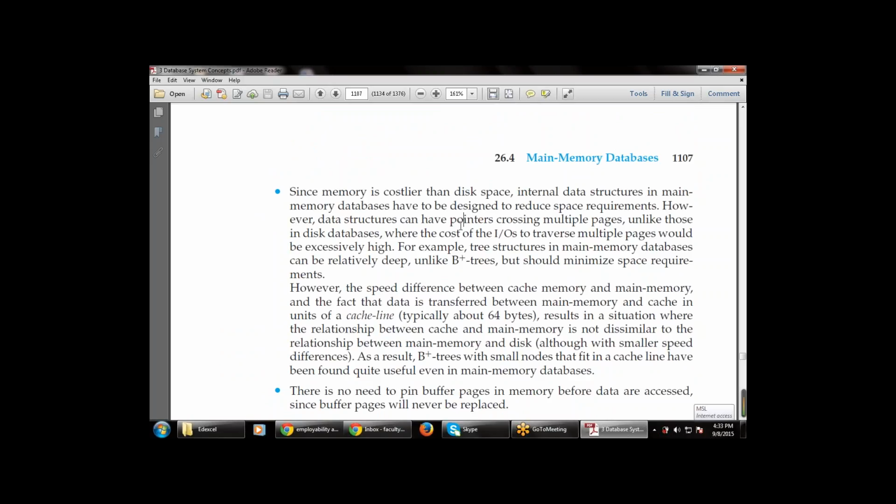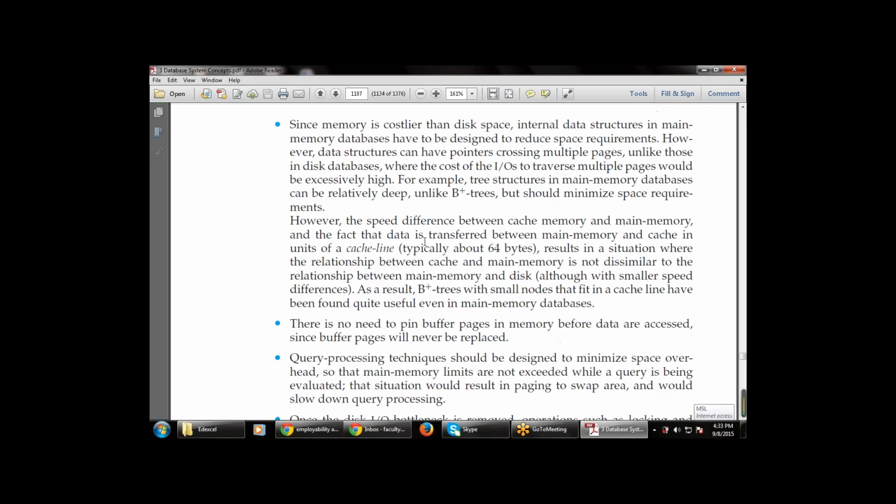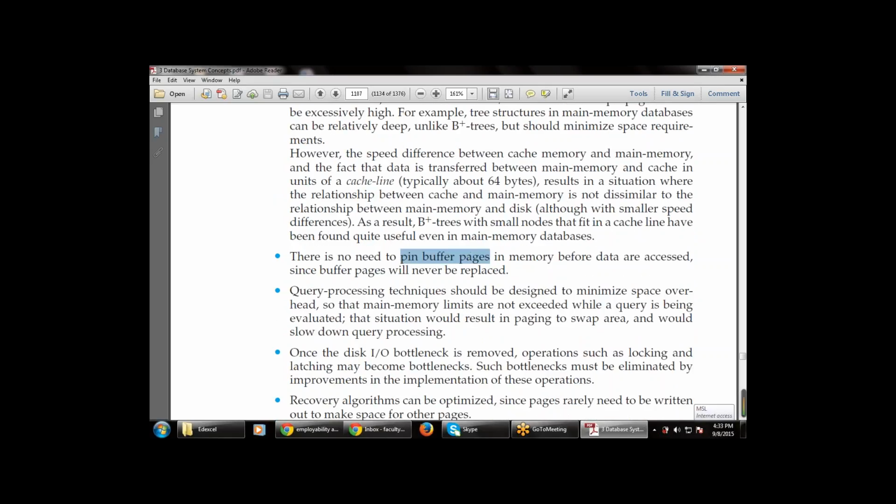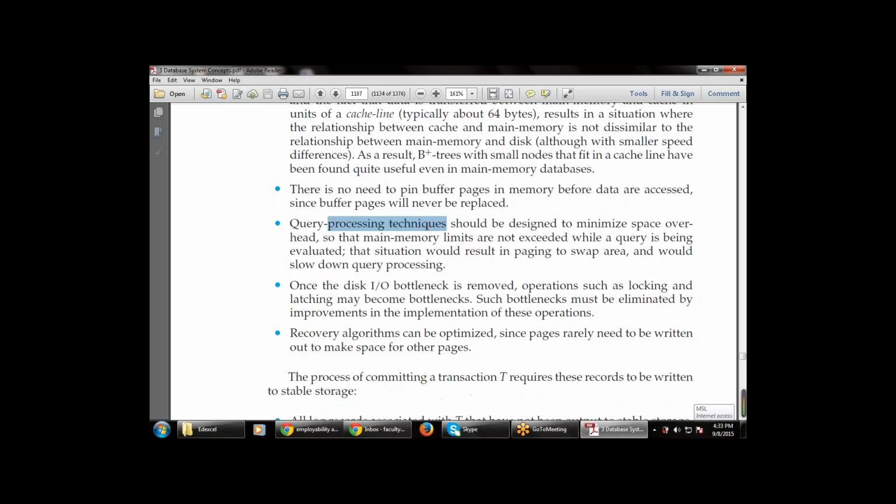There is no need to pin the buffer pages in memory before the data is saved. Then query processing techniques should be designed to minimize space overhead so that the main memory limits are not exceeded while a query is being evaluated. Then, once the disk input-output bottleneck is removed, operations such as locking and latching may become the bottleneck.